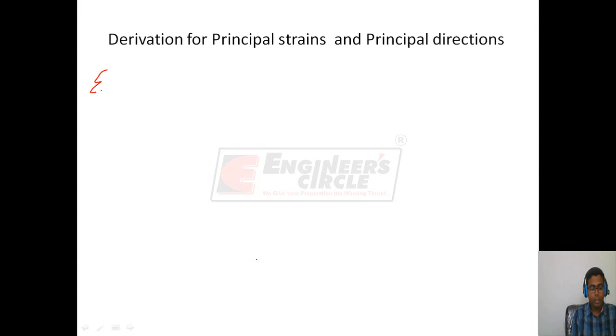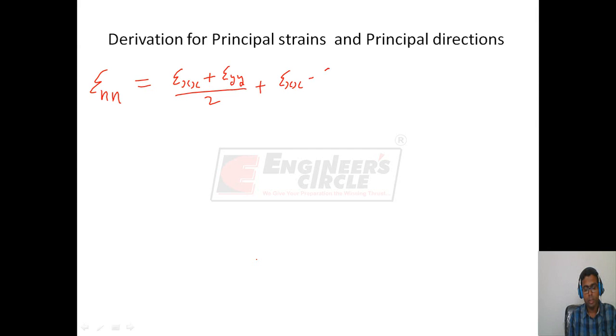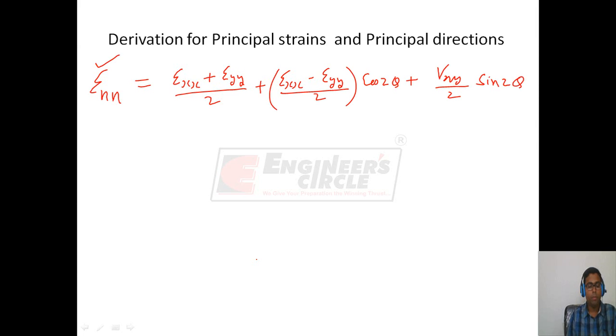We want to find the maximum and minimum value of epsilon nn. Epsilon nn can be written as (epsilon xx plus epsilon yy)/2 plus (epsilon xx minus epsilon yy)/2 cos 2 theta plus gamma xy/2 sin 2 theta. To find the maximum or minimum value of epsilon nn, we differentiate epsilon nn with respect to theta and put it equal to 0.